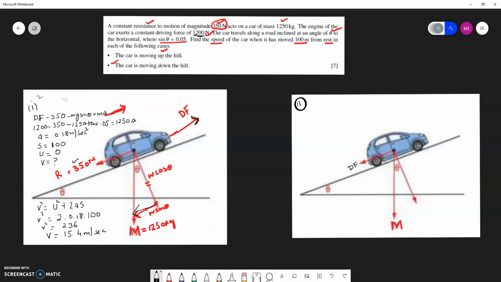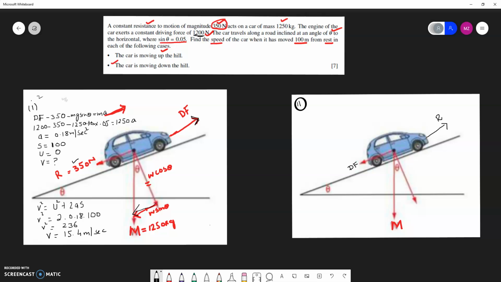Since the car is moving downhill, the resistance force will be acting in this direction. This is R now. R, the resistance force, always acts against the motion of the car.